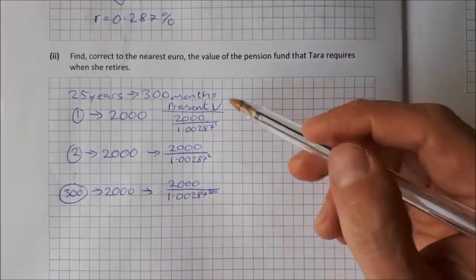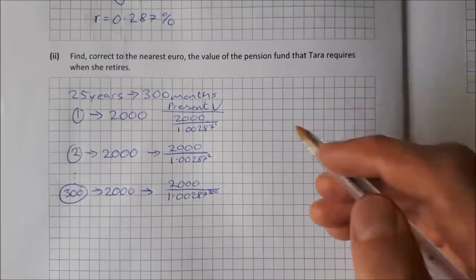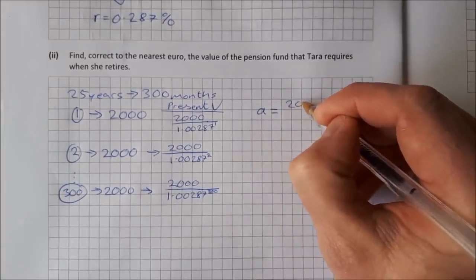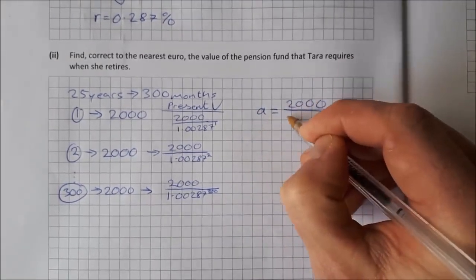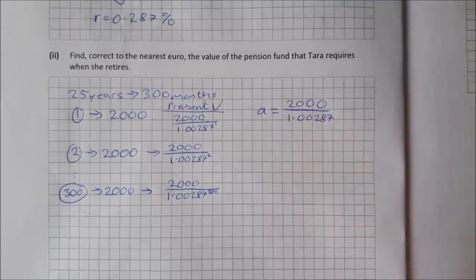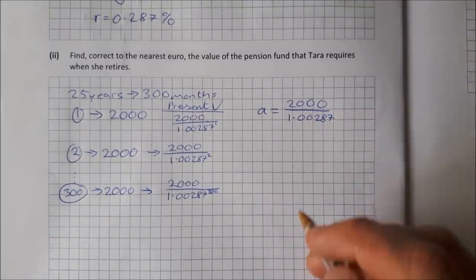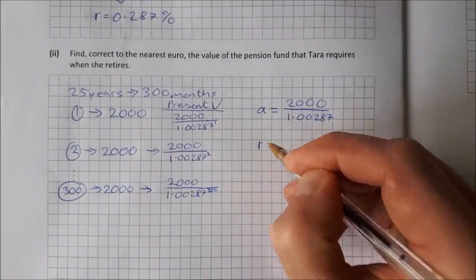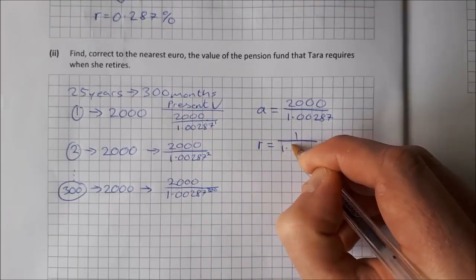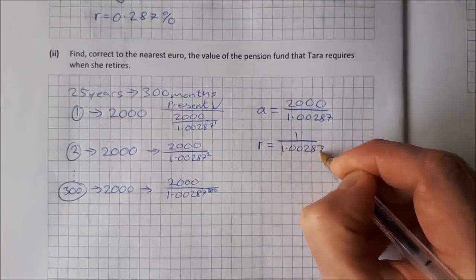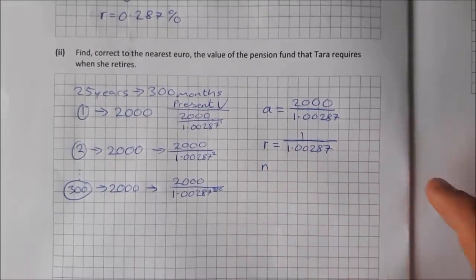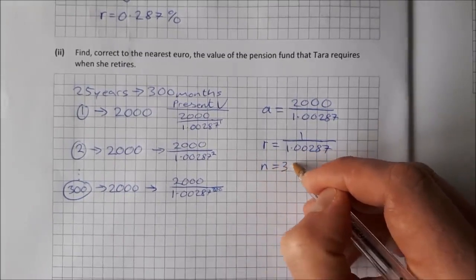So what we have here is a geometric series. The first term, a, is equal to 2000 over 1.00287. And we have a common ratio, r, of 1 over 1.00287. And our n, the number of terms in this case, is 300.